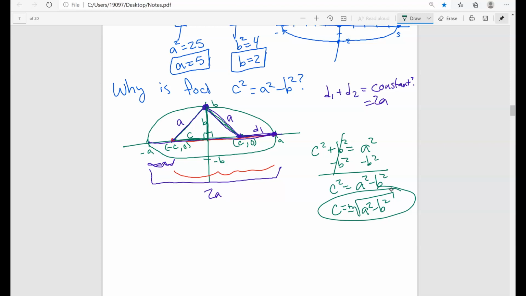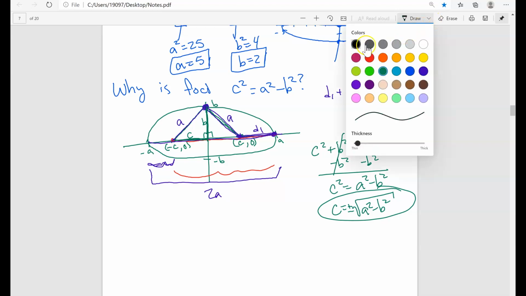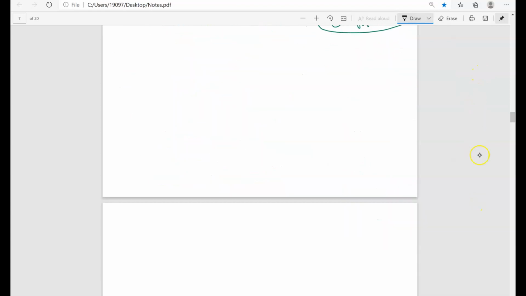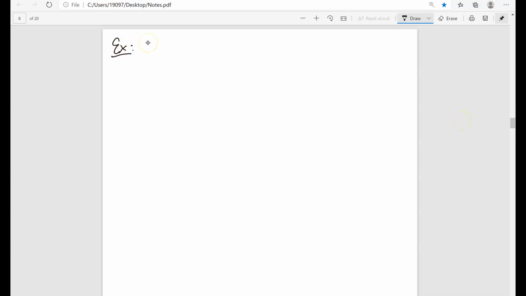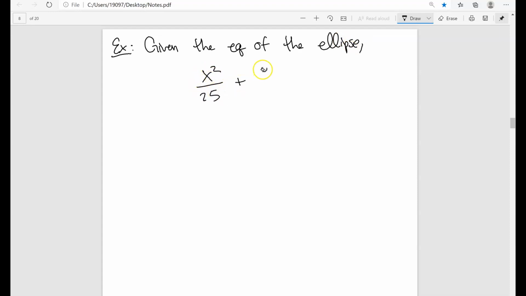So now let's do a couple of examples to give you a little gist of all of this. Let's do these examples. Go to a new page. Let's say we are given the equation of the ellipse, and it's x squared over 25 plus y squared over 9 is equal to 1.